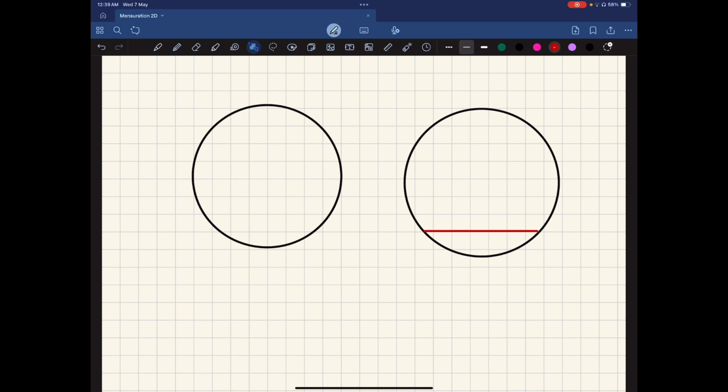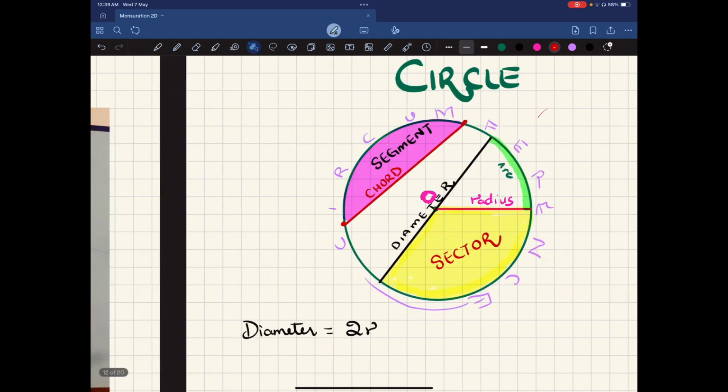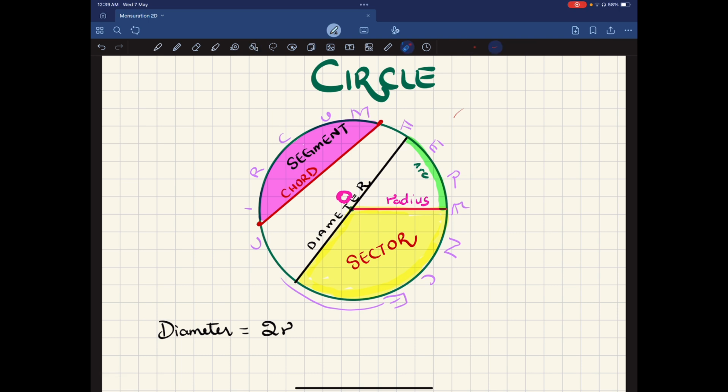A line segment with its endpoints on a circle, right? So a quick recap of what we have covered. A chord is a line segment with 2 points on the circumference. Any line originating from the center and touching the circumference of the circle will be the radius. Okay?